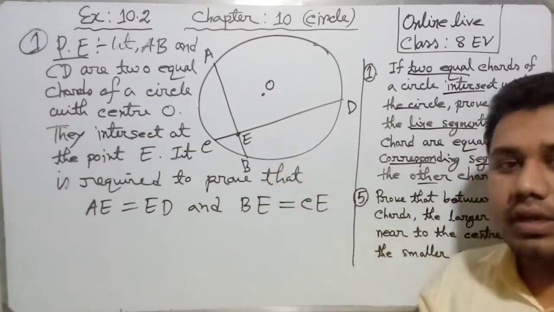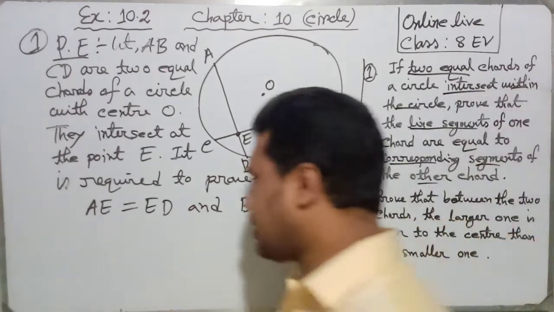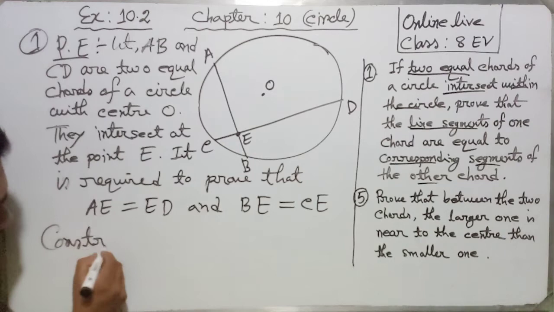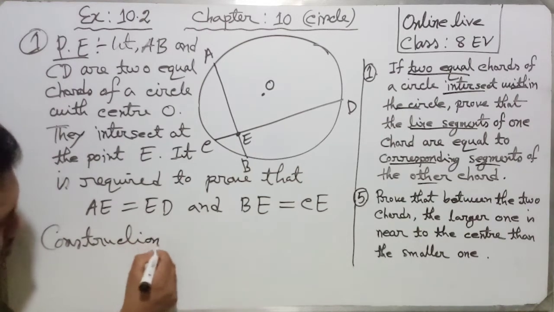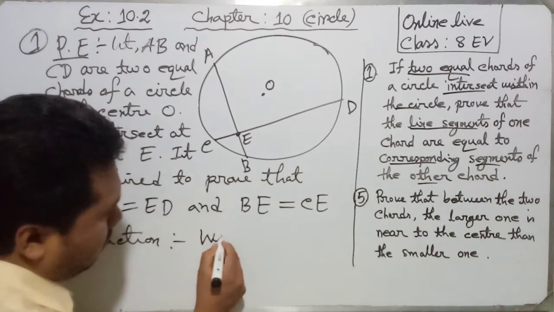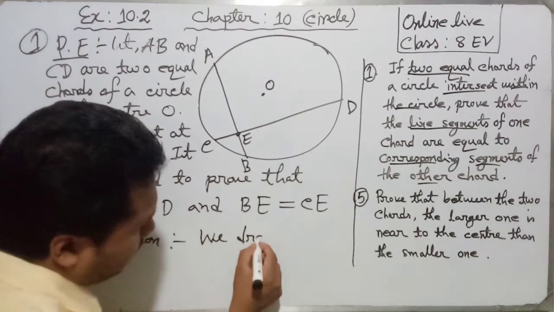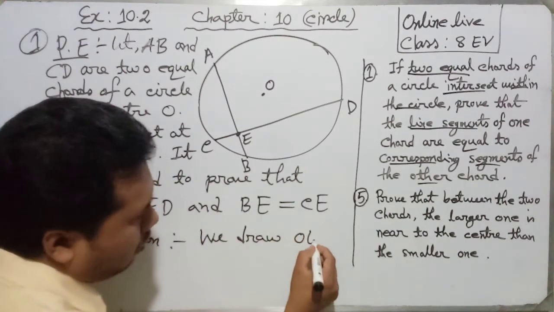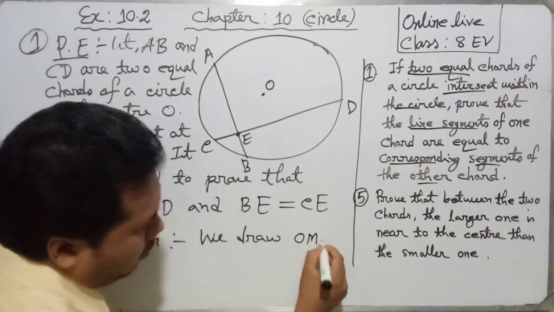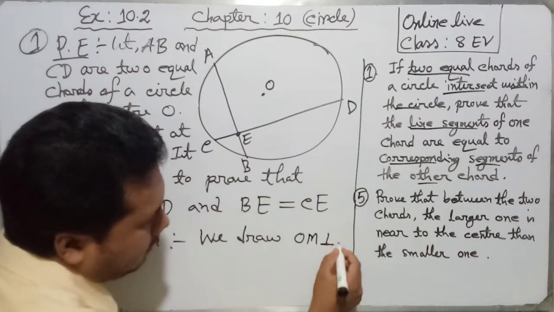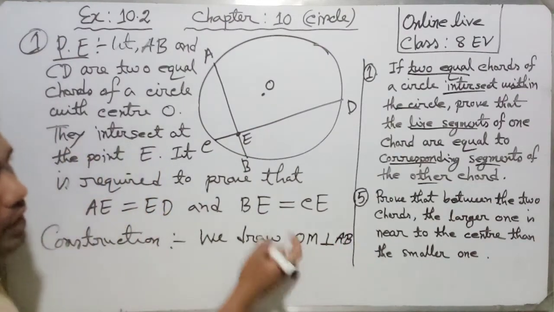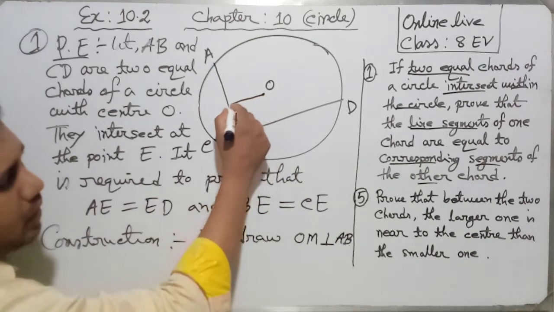Now we need construction. So now write construction. We draw OM perpendicular to AB, suppose this is OM.